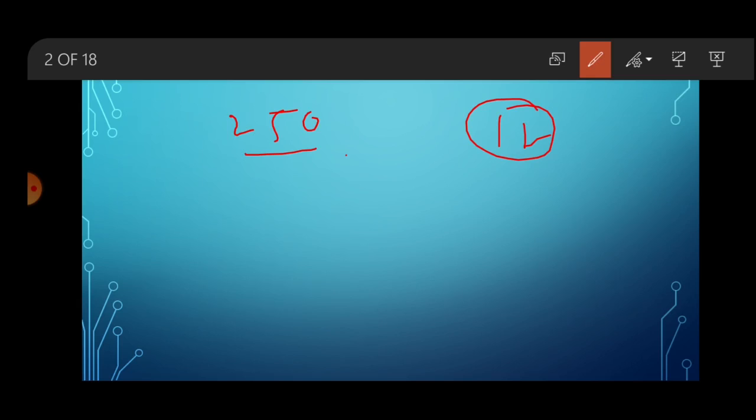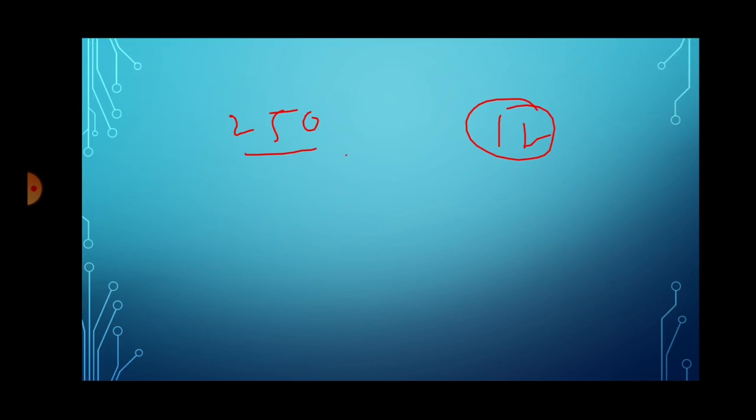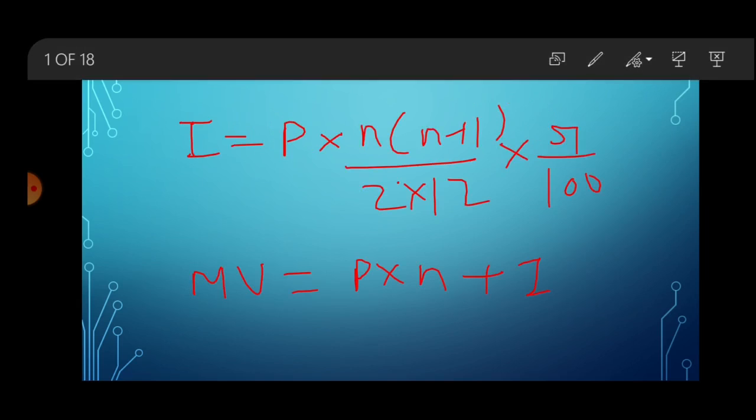If I talk about the formula, if you have to submit 250 rupees for 12 months, then your n is equal to 12, and the principal amount you have to submit is 250, so P will be replaced by 250.